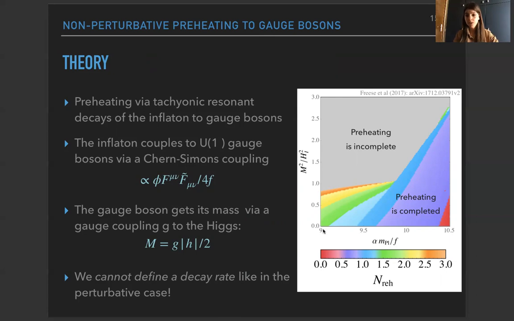It is very important to note that we wanted all our Hubble patches to actually finish reheating via resonant decays, because if some Hubble patches finished reheating via resonant decays and some others via perturbative decays, then the differences in reheat temperatures would be many orders of magnitude.